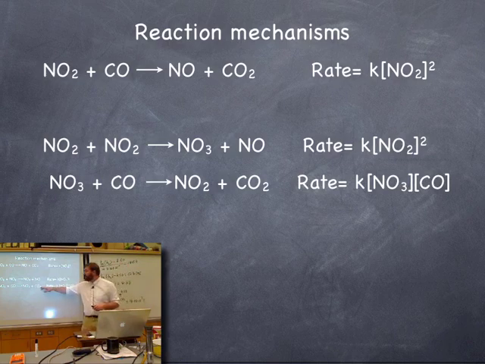So the rate determining step is the slow step of the mechanism. And its rate law is what determines the rate law of the whole thing. So if you have a series of steps, the slowest step of the whole batch is what determines how fast the whole reaction can take place.